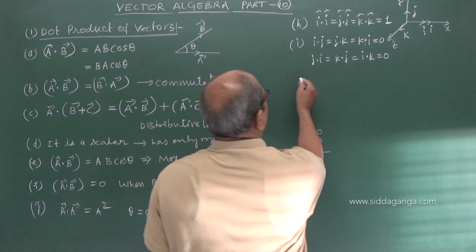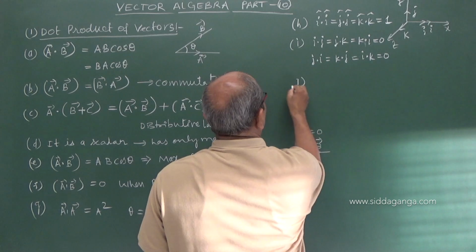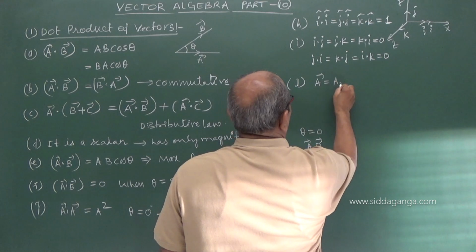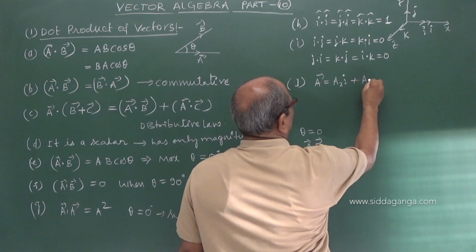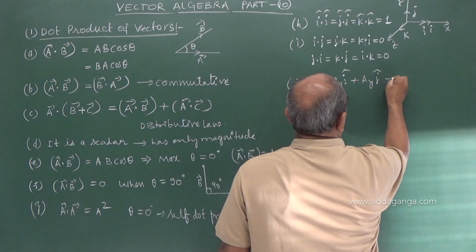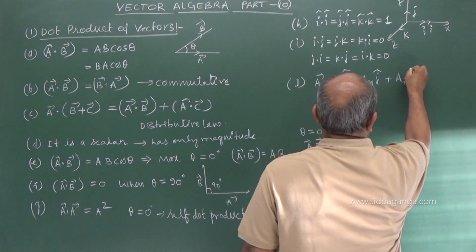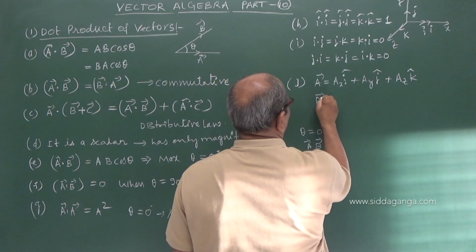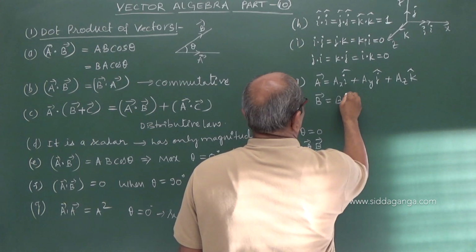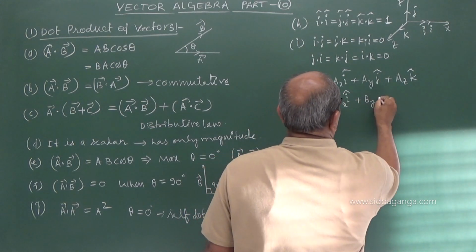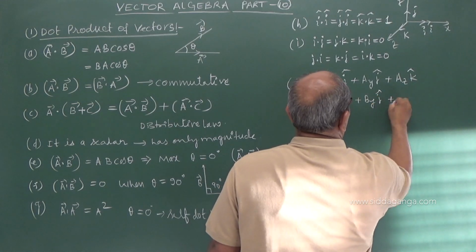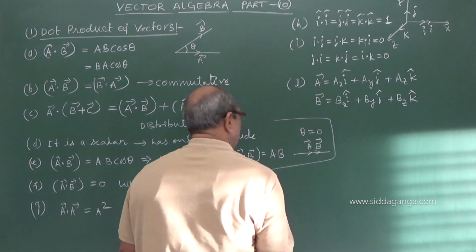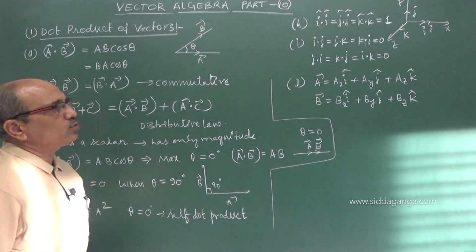So for example, suppose you are given a vector A equal to Ax i plus Ay j plus Az k, and similarly vector B equal to Bx i plus By j plus Bz k.